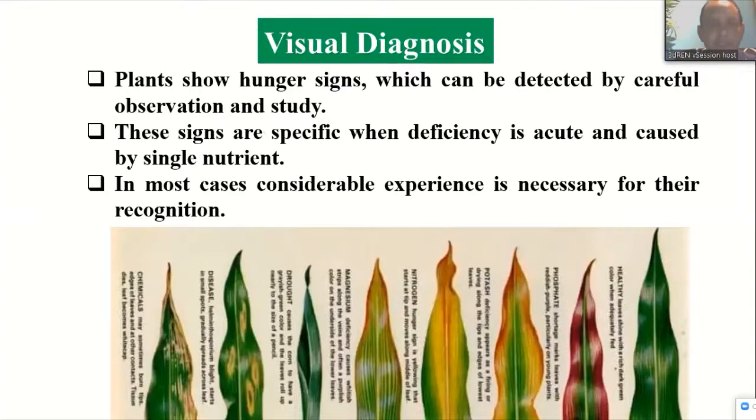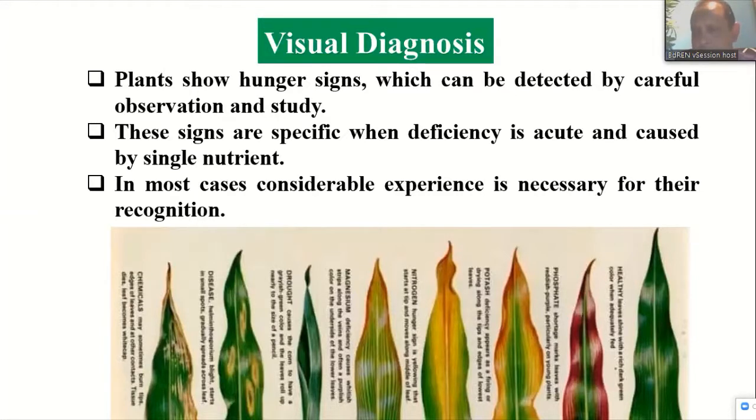This is some visual diagnosis for nutrients. But in this case, sometimes deficiency symptoms are similar to disease or chemicals or other stress effects.